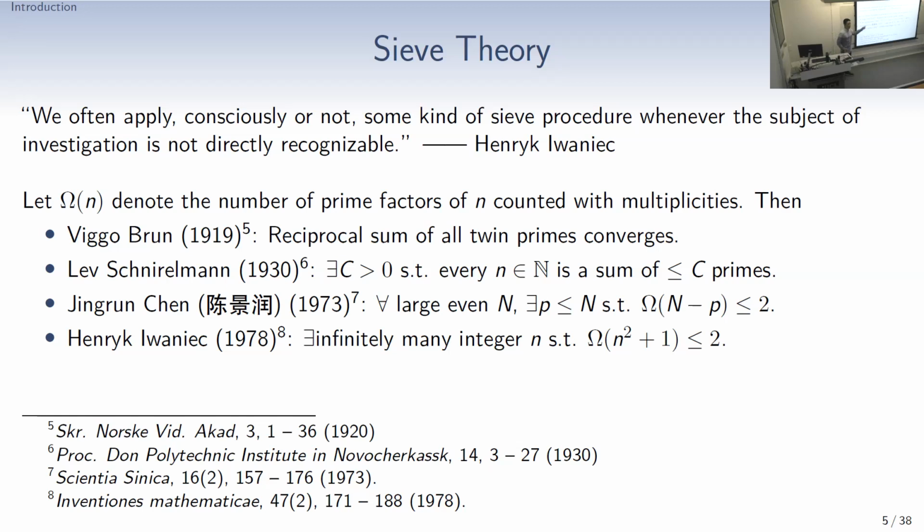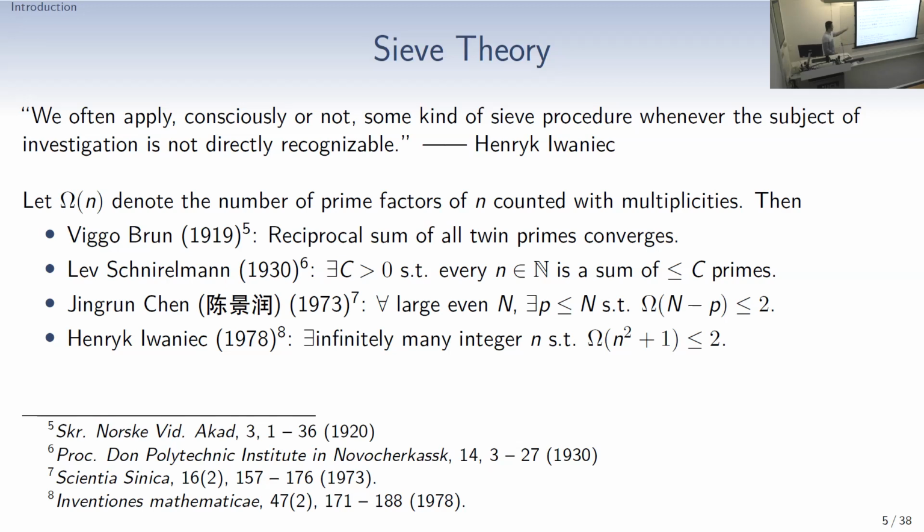So we can find some absolute constant C such that every natural number is a sum of no more than C primes. And this constant C, I think it was originally a few 100,000, and then this constant was later on reduced to 27.